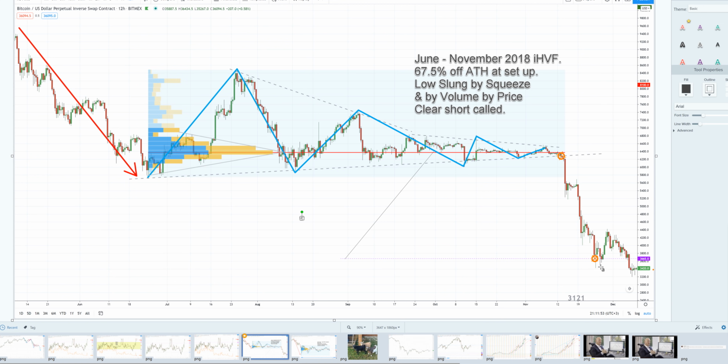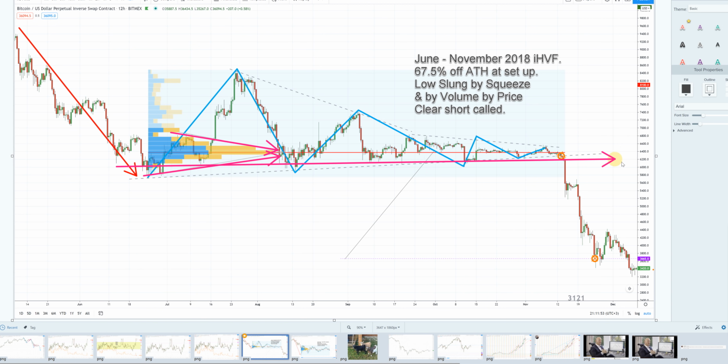It's going down, and it went down, and Ethereum even more so, with a very tight risk reward trade that we gave on Ethereum. It was set up June till November 2018. That low occurred during June. This was almost a 5-month flattening, very low slung, volume by price very low. In other words, you were looking through for the floor here. That's the bulk of your volume by price along the lows.